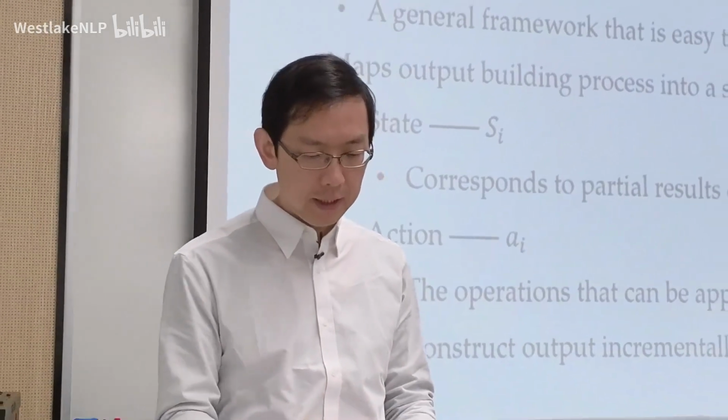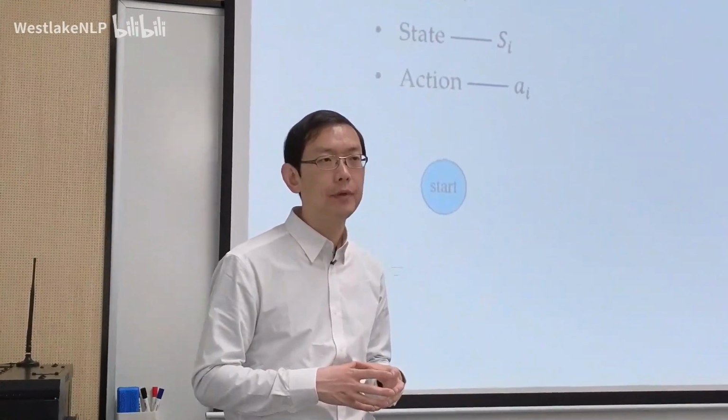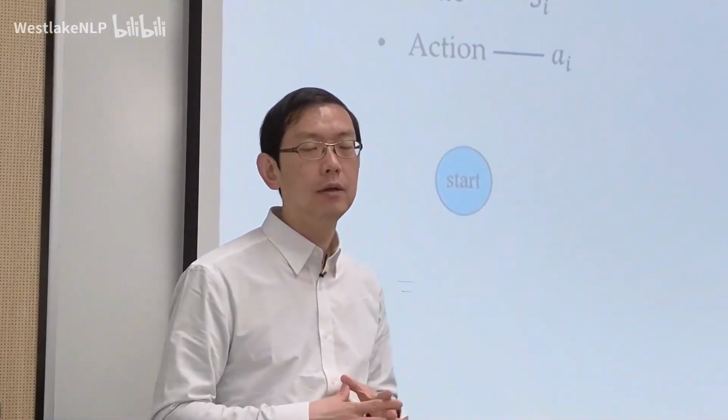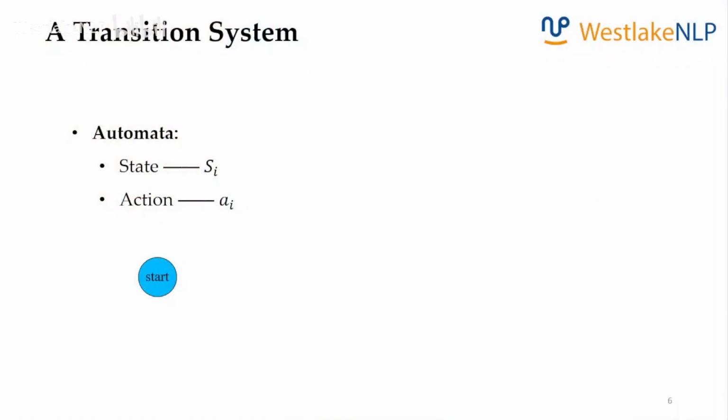So let's take an animation, right? So what is a transition system? We start from a start state, which corresponds to an empty output. And then we incrementally apply action after another. For example, if I apply A1, we translate the start state to S1, the first state, in which I incrementally built the output by a bit.